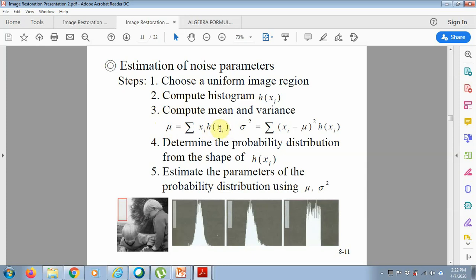When we were calculating the expectation of x, we were considering p of x, that is the noise function, and determining the probability distribution from the shape of the histogram. Estimate the parameters of the probability distribution using mu and sigma square.